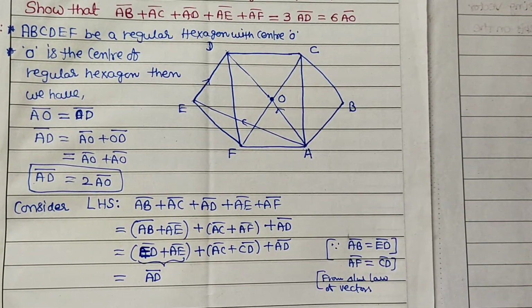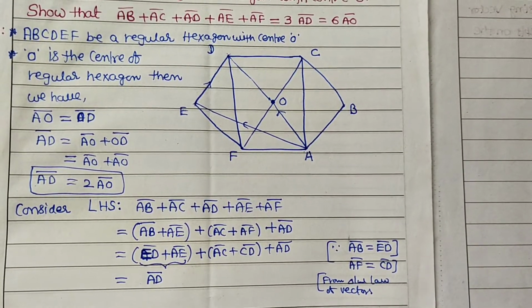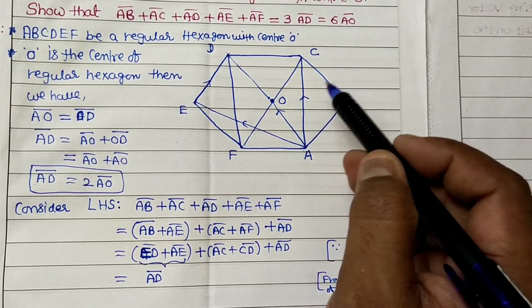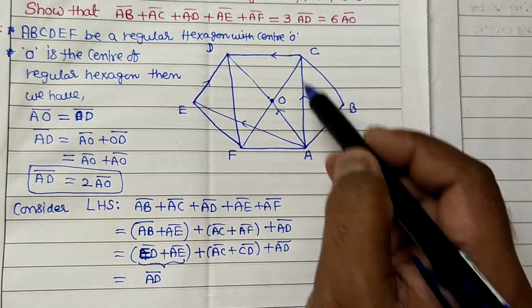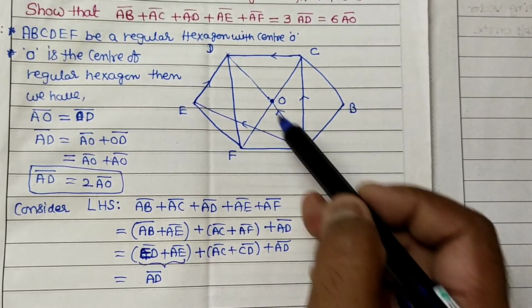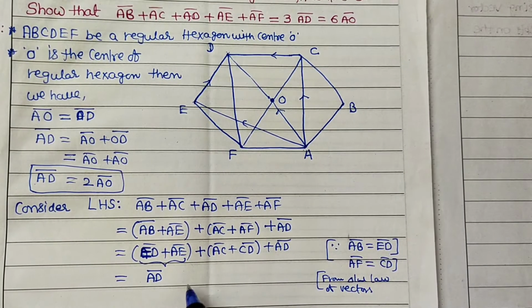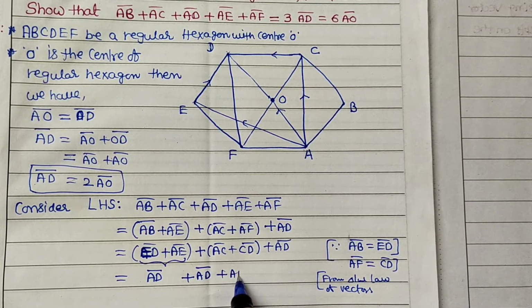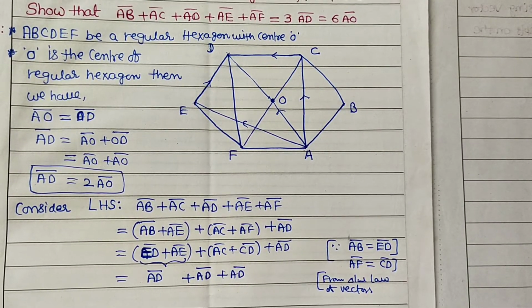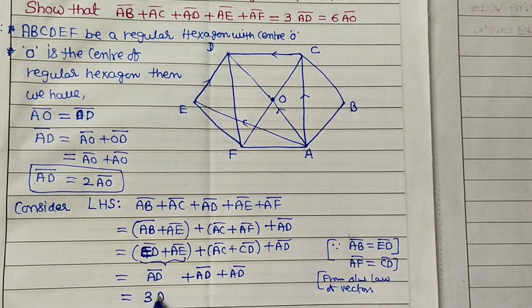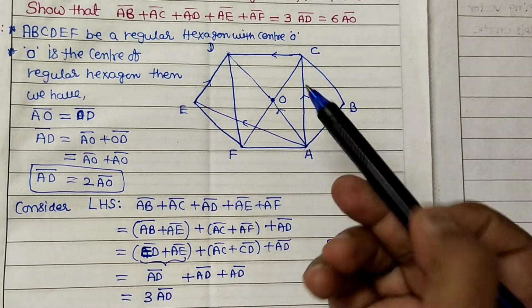In the same way, AC plus CD equal to AD, again from triangular law of vectors. AD plus, already AD is there, AD plus AD plus AD, 3AD. We got the first result.